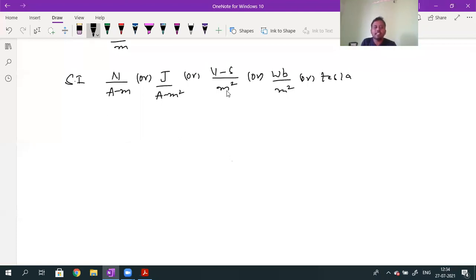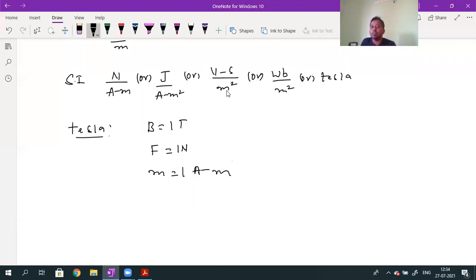Yesterday someone asked, what is the definition for the Tesla? How can we define the Tesla? Magnetic field induction is said to be 1 Tesla whenever a force of 1 Newton acts on a pole of pole strength 1 ampere meter.